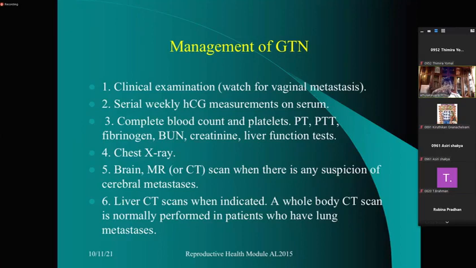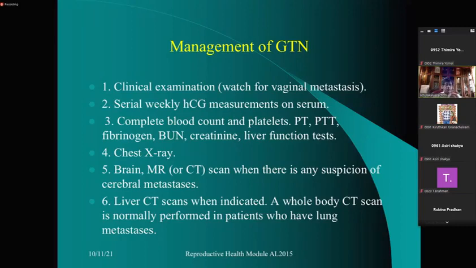And of course, whenever you diagnose gestational trophoblastic neoplasia, which is a malignant component, you must do a complete body survey to exclude presence of deposits in the lung, liver, spleen, and the brain, and other parts of the body.